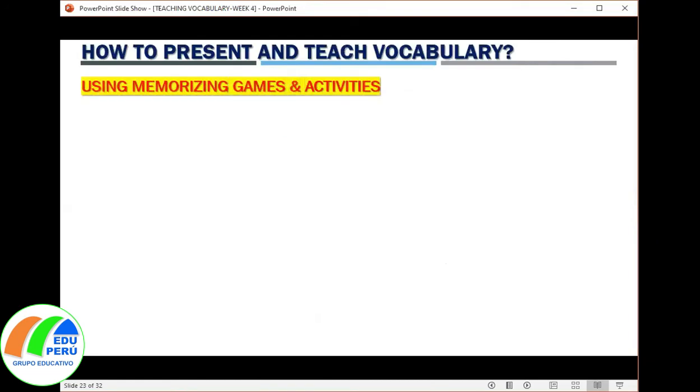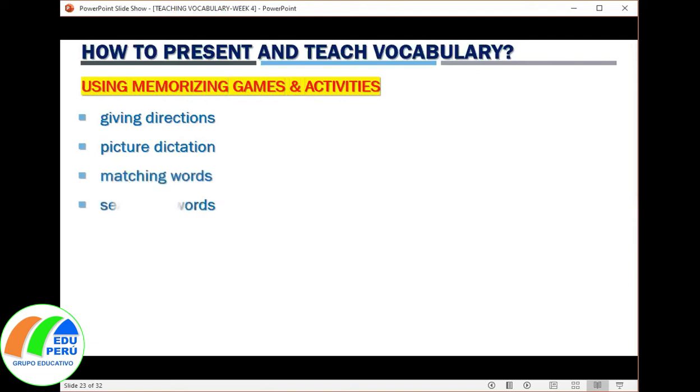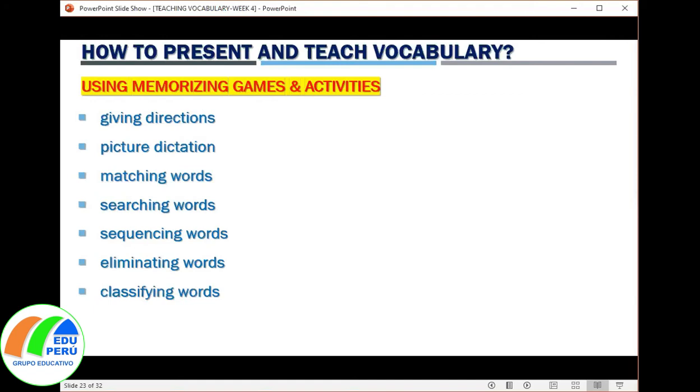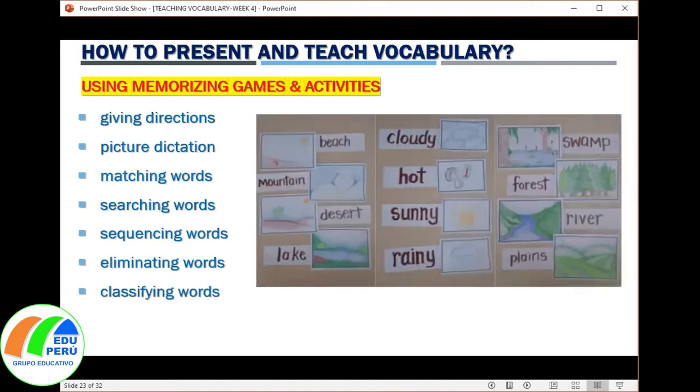For example, you have giving directions, picture dictation, matching words, searching words, sequencing words, eliminating words, classifying words. Here you have one example of matching. This is a very common example of matching. So you show them some pictures and then you have other cards, the words, and they are going to match.